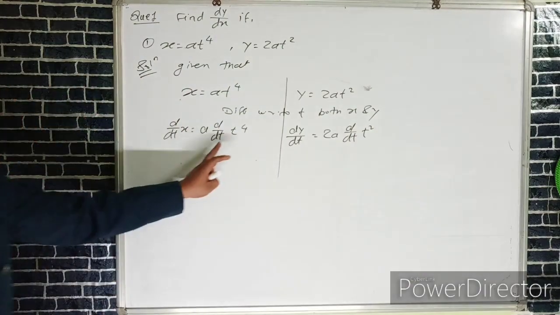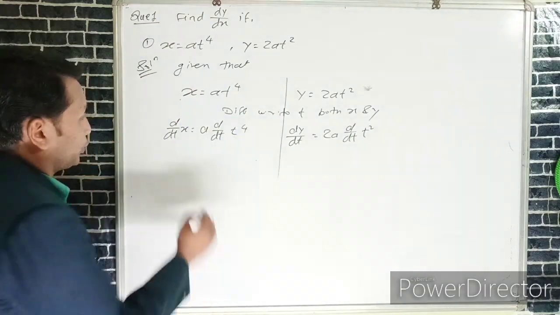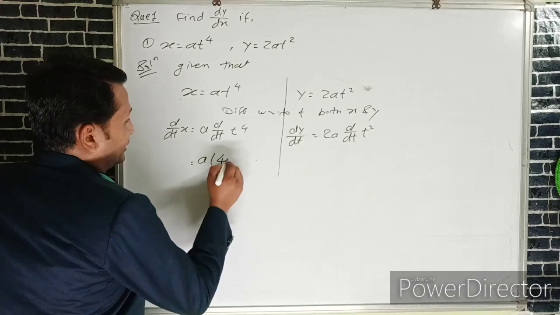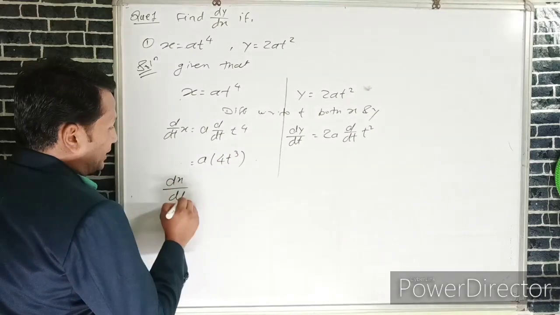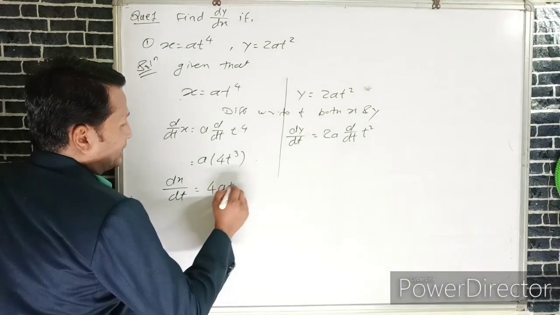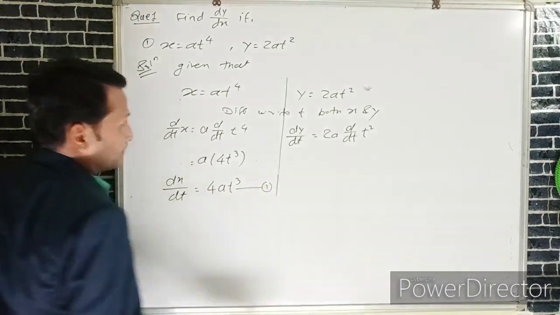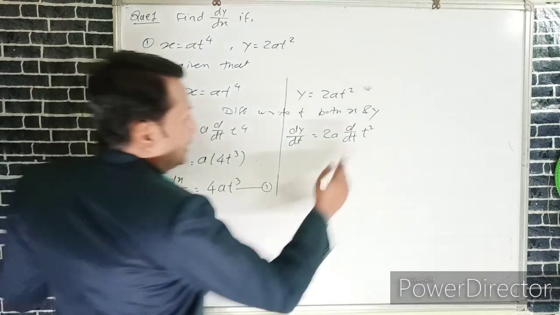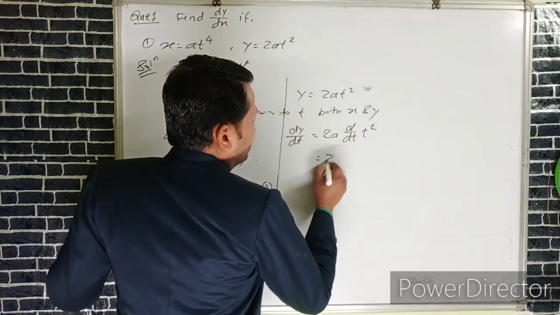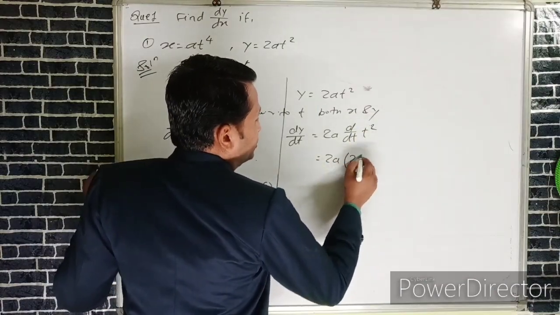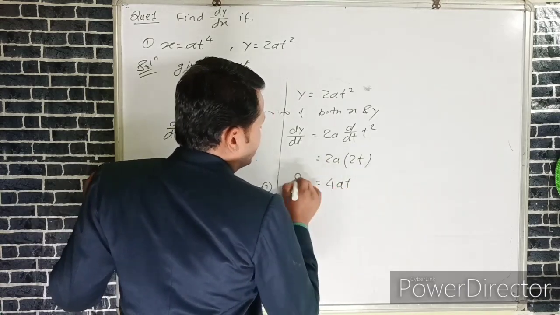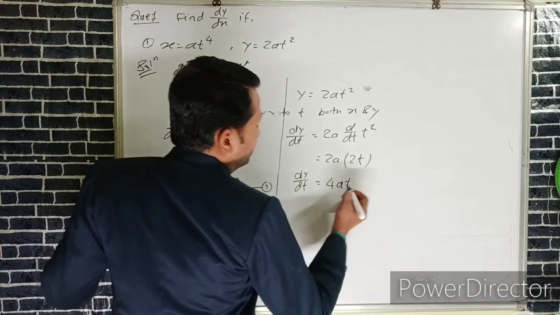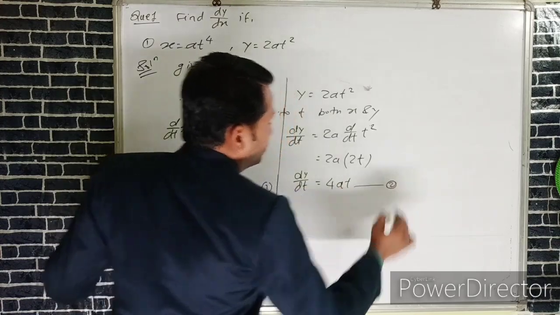We know that the derivative of t raised to the power 4 is 4t cube. Hence dx upon dt is equal to 4at cube, equation number 1. Now again 2a as it is, the derivative of t square is 2t, 2 into 2 is 4at. This is the required derivative of y, which is dy by dt, equation number 2.